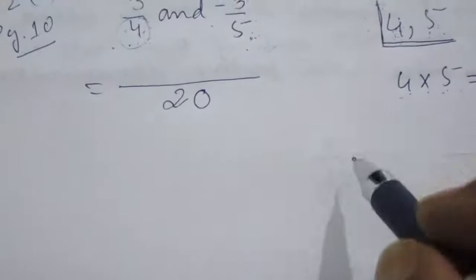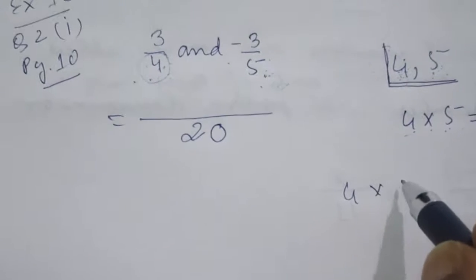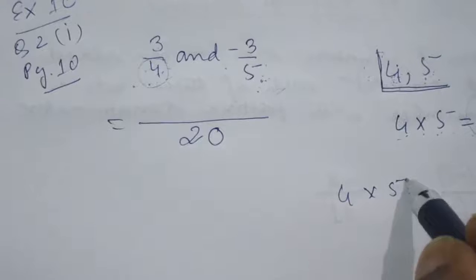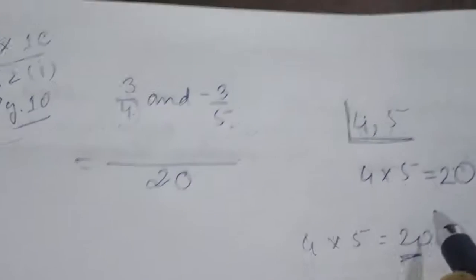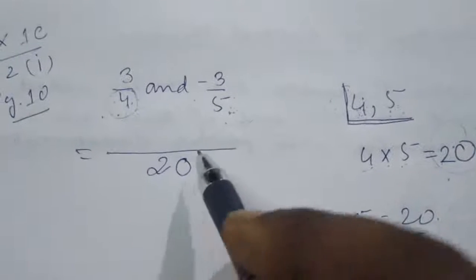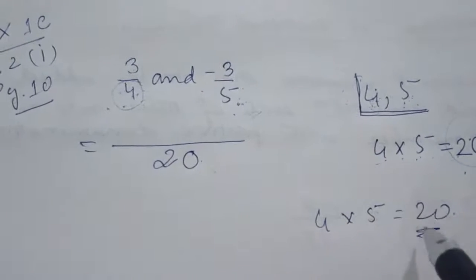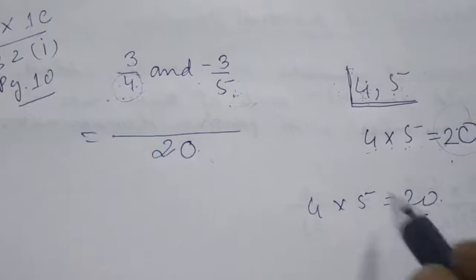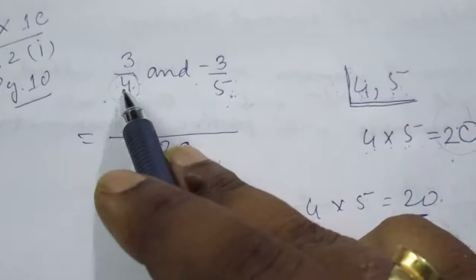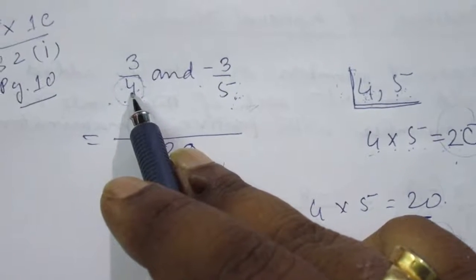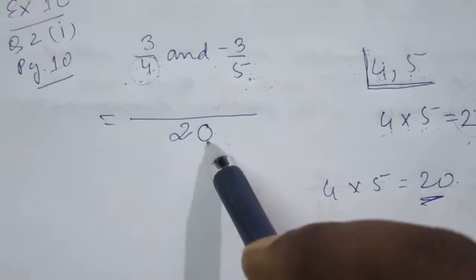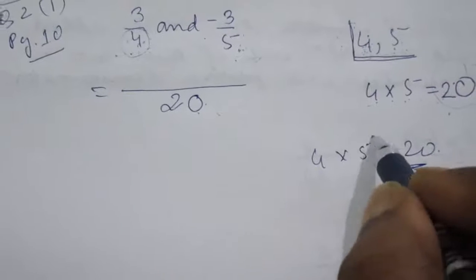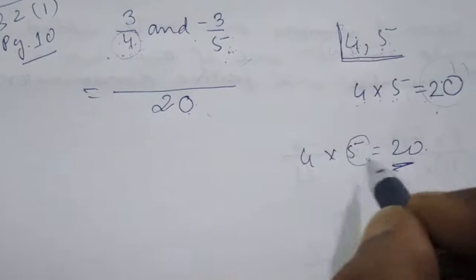So the denominator is 4, and 4 into 5 will give me 20. As the LCM is 20 and the common denominator will be 20, we have to find by what number we multiply 4 to get 20. By 5, if we multiply 4, we get 20.